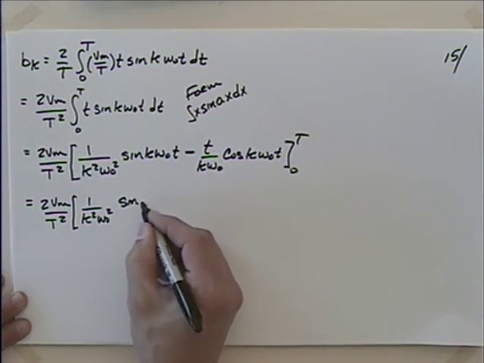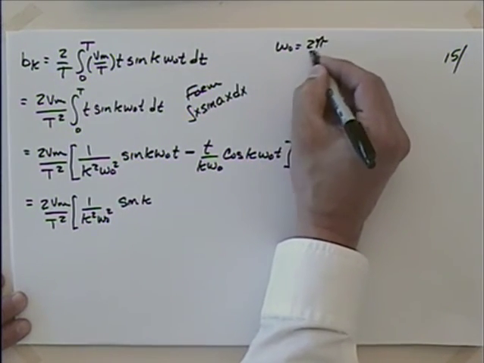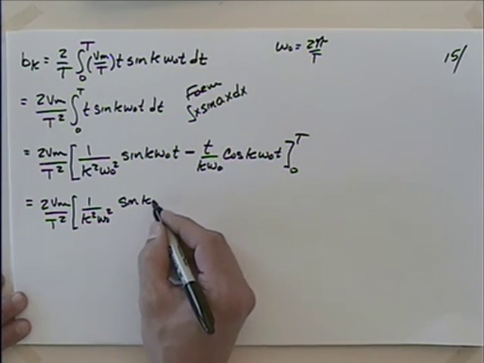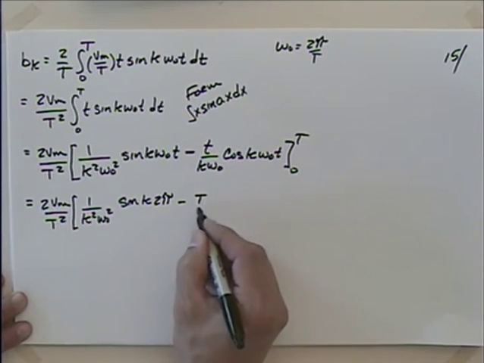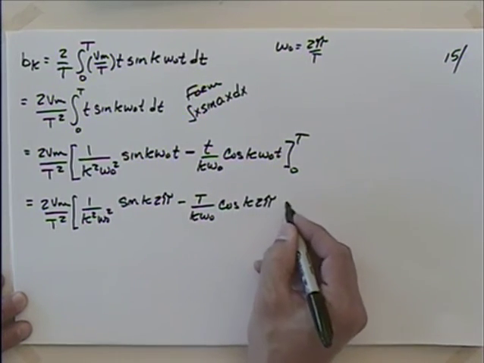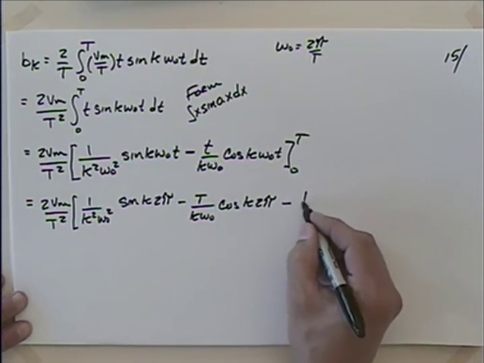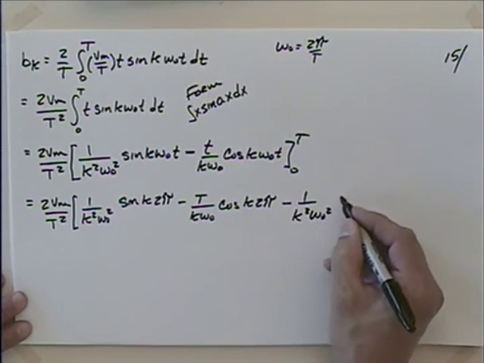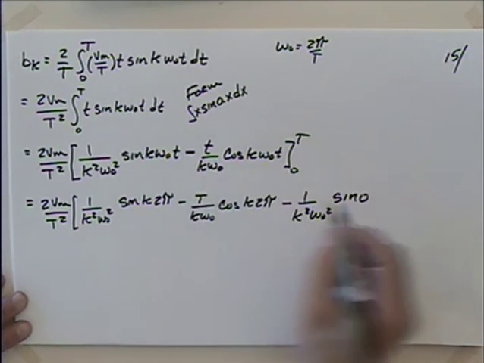So then I just plug in the values, the limits. This is going to be what? Sine of k, when I make my substitution around omega naught, is 2 pi over T, and then t will become T, so you're going to end up with what? Sine of k 2 pi, and we have minus T over k omega naught cosine of k 2 pi, and then we've got to subtract off the lower limit, so minus 1 over k squared omega naught squared sine of 0, and then a negative and a negative become a positive.